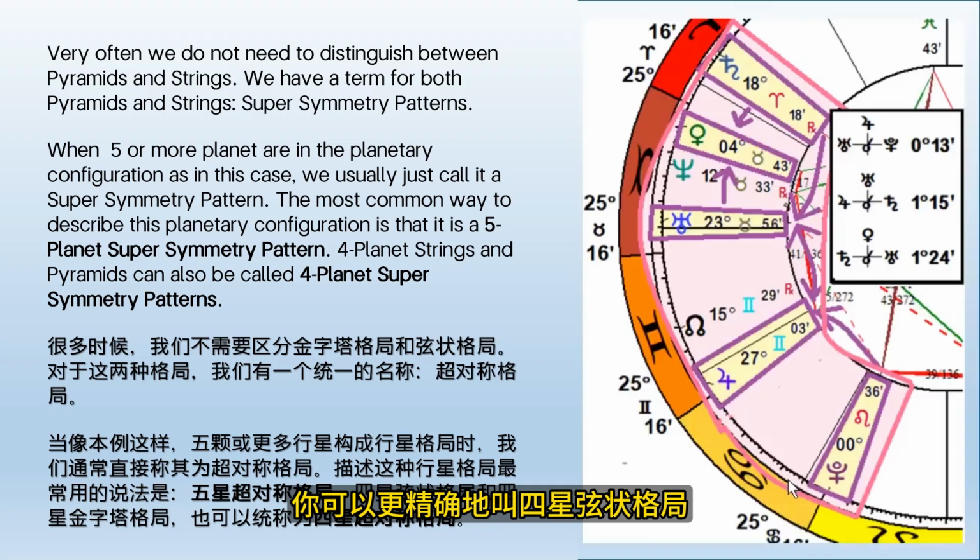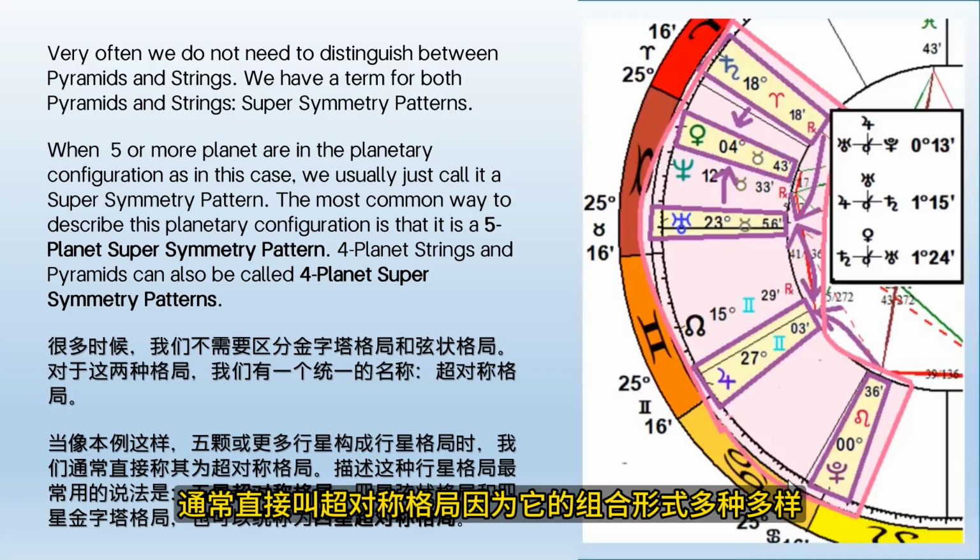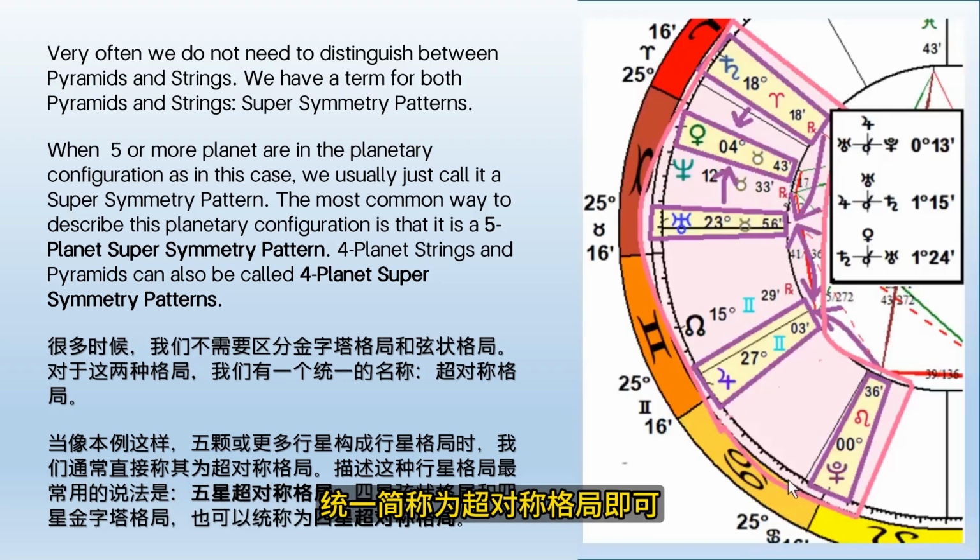And you can be more specific and call it a 4-planet string if you want to. Or you can call it a 4-planet supersymmetry pattern. But once you get to 5 planets, the tendency is just to call them supersymmetry, because there are so many different ways it can happen that we tend to just call them supersymmetry patterns.